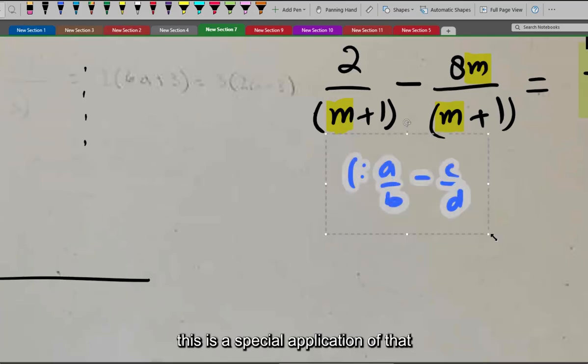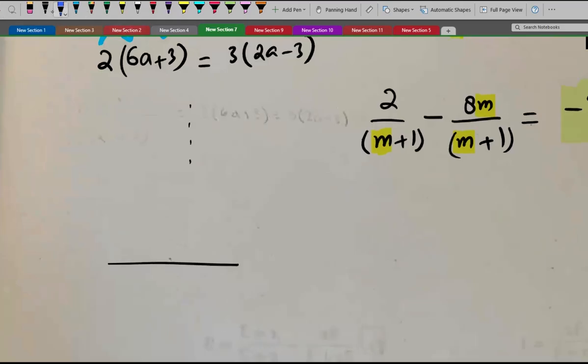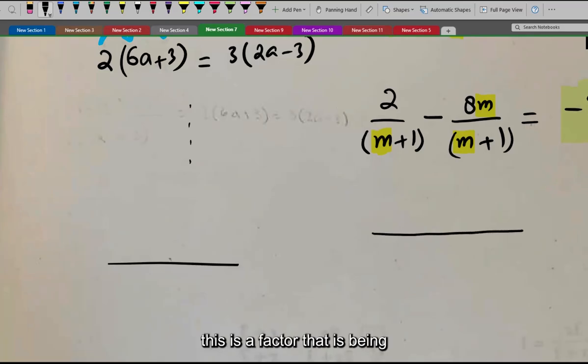This is a special application of the rule that we learned yesterday. So we take the LCD, m plus 1, m plus 1. This is a factor that is being repeated, so you know that we write it once. m plus 1.